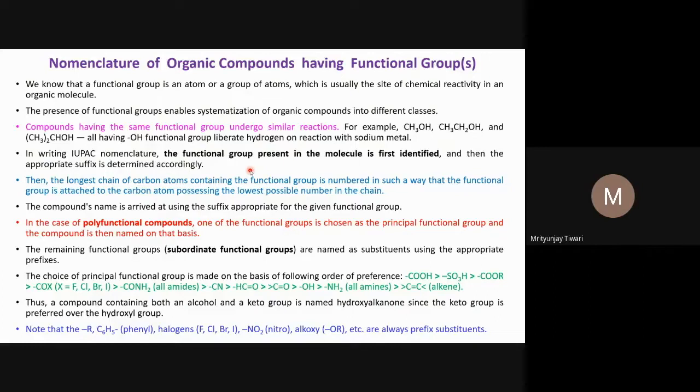So for the OH functional group, we call it OL. To represent that it is an alcohol, we add OL as a suffix, at the end of the IUPAC name. So if OL is written, you will understand it is an alcohol.